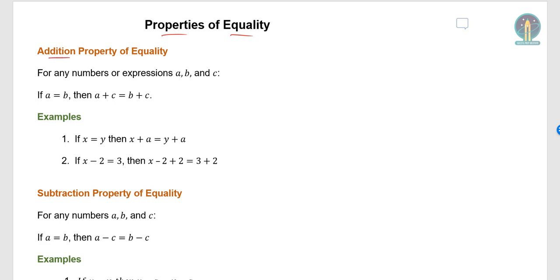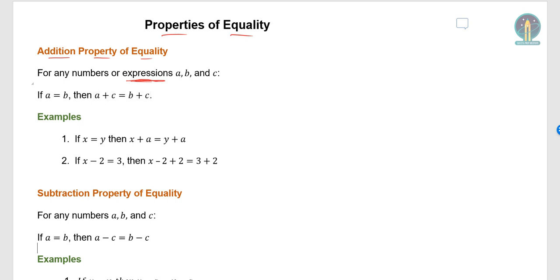So the addition property of equality is the property whereby for any two equal expressions, if you add the same expression to both of them, then they remain equal, right?